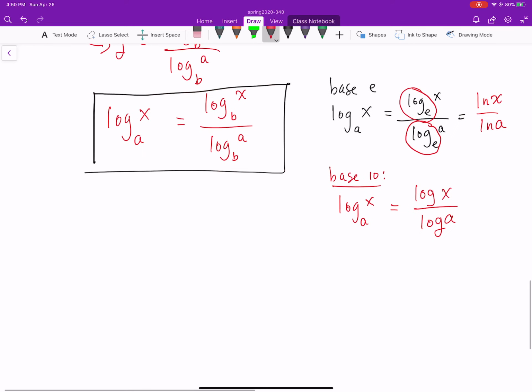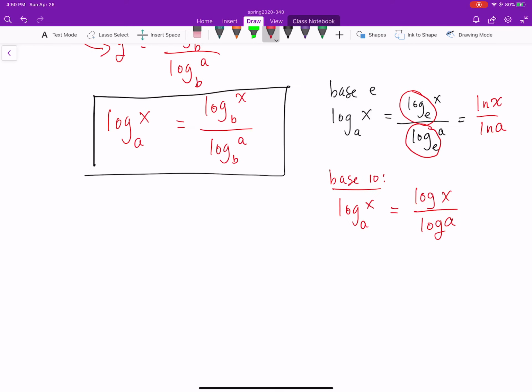So if I was interested in base 5, then log a x will be equal to log base 5 of x over log base 5 of a. Okay, and some of you might ask, what is the usefulness of this? Like I said, sometimes you desire to work in a specific base because you are comfortable in that base.